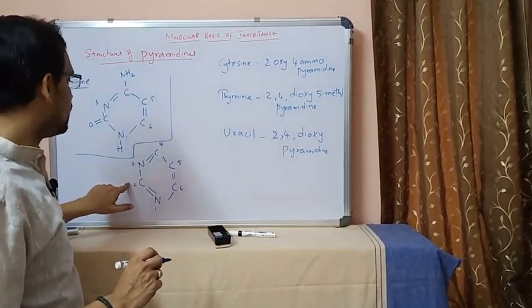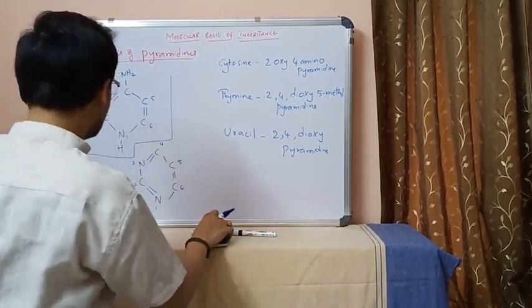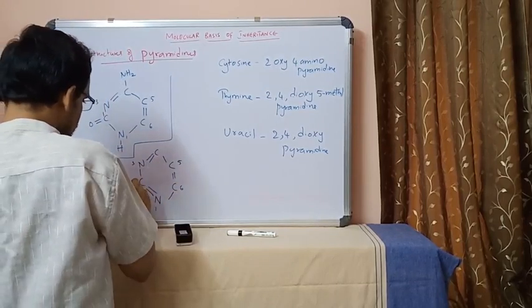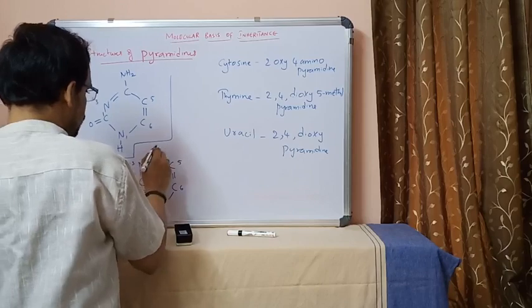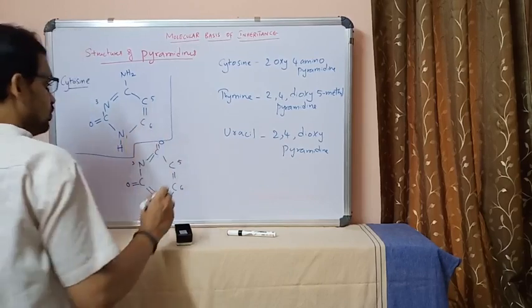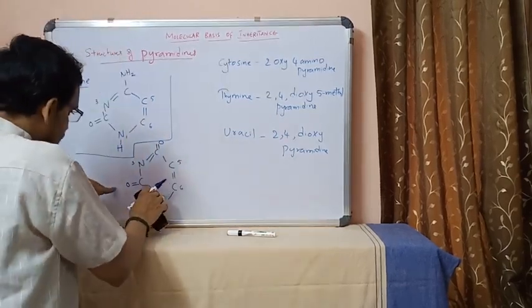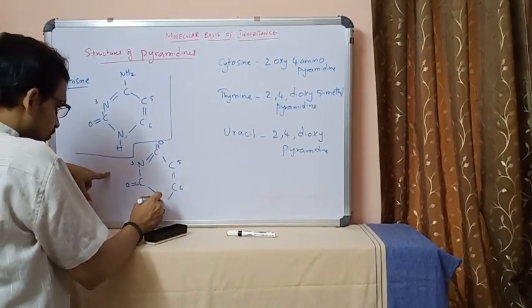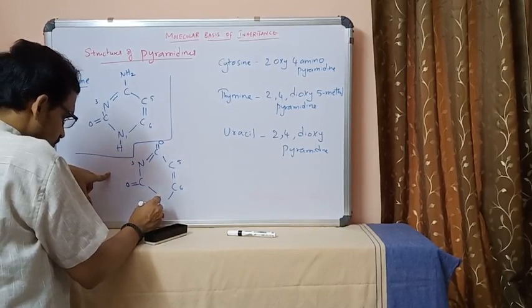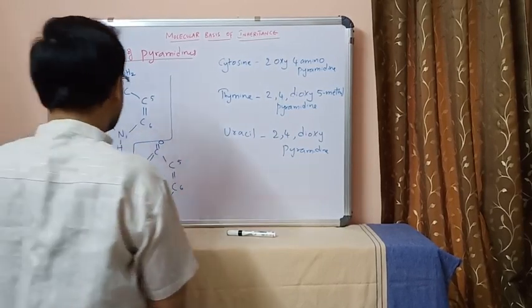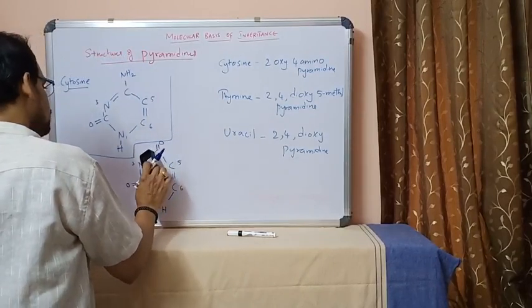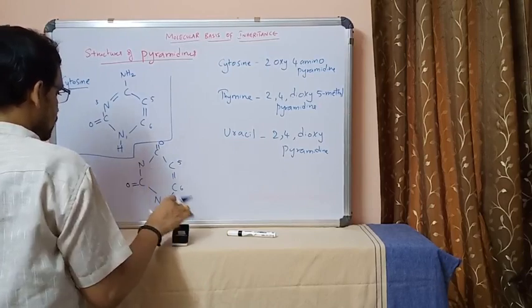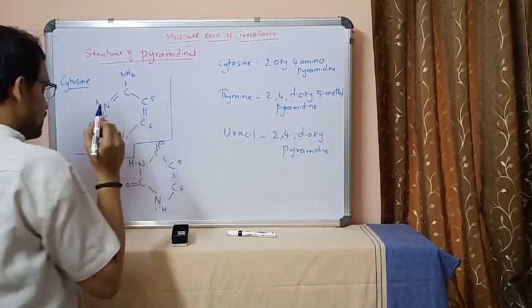At the second position and fourth position, oxygen. Double bond O, here also double bond O. So here the valency of the carbon is 4, so here NH. Same here also, NH.